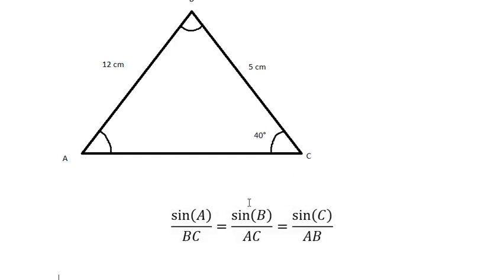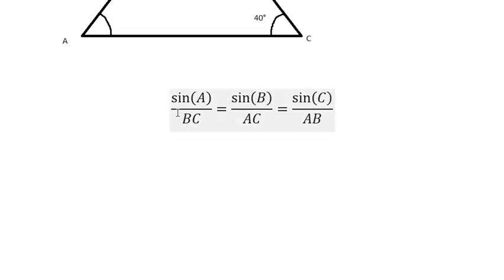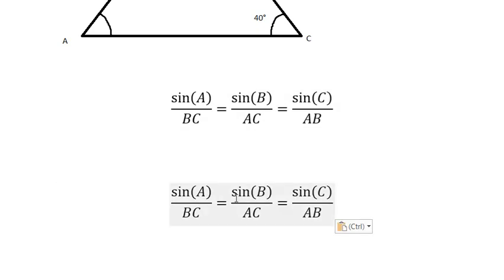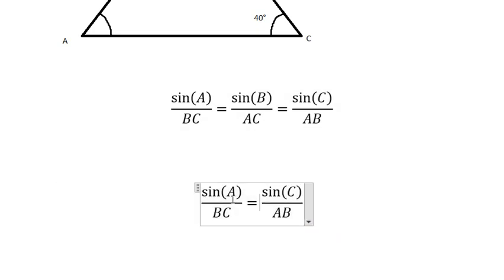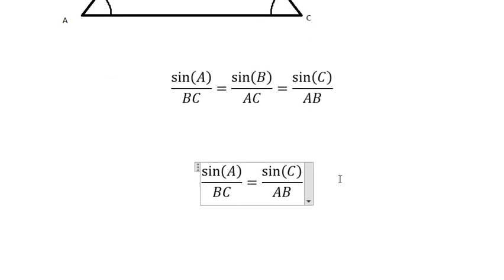So we will not quite need the middle part. But we know what BC is, so we can use that to find sine of A. So let's take the law of sines and get rid of the middle part. We are not going to need this, so we can have an equation like that. Okay, so it's time to substitute some values here.